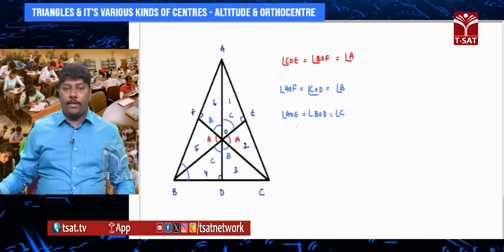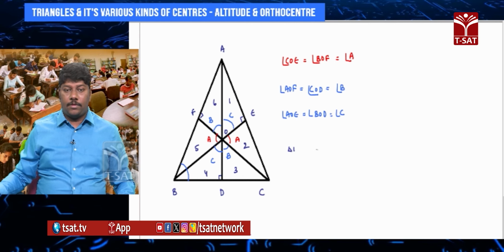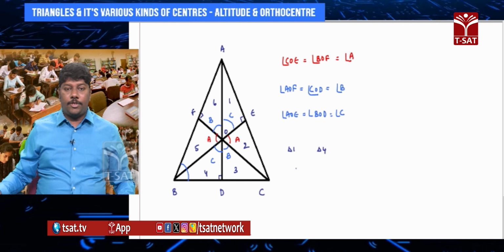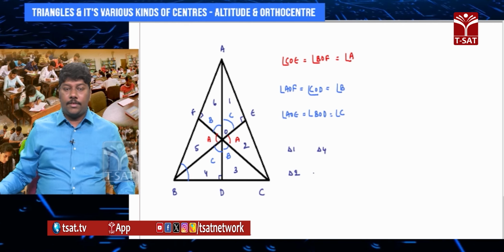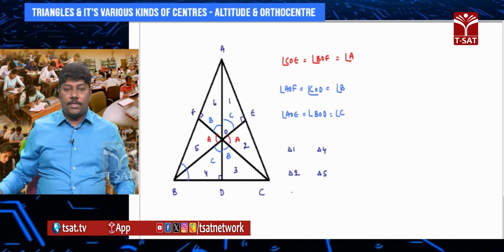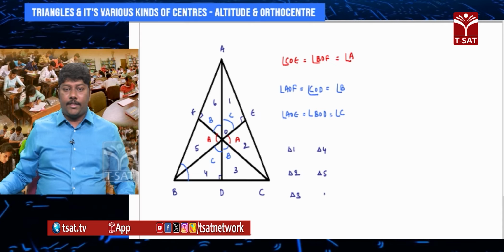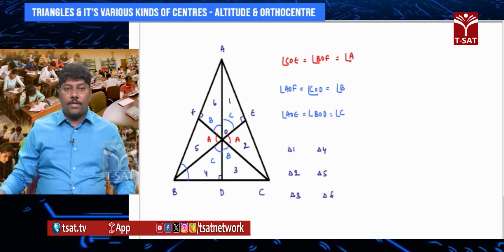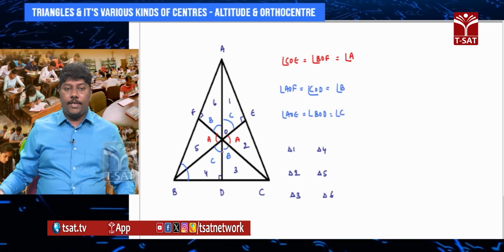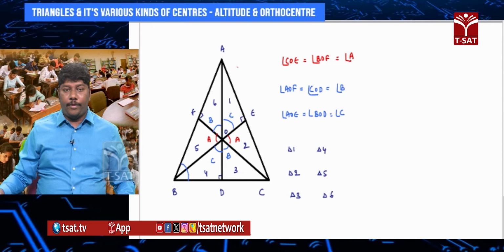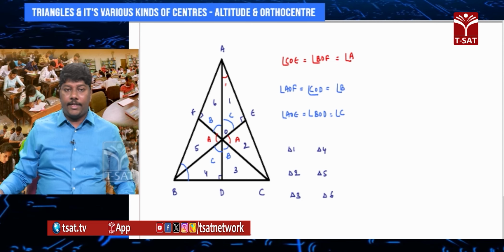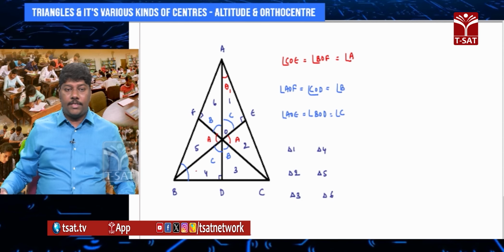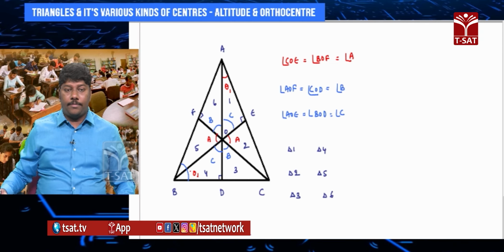Also observe triangle 2 and its opposite triangle 5, triangle 3 and opposite triangle 6. Observe these 2 pairs of triangles. You will understand angle C is angle C, 90 degrees is common in both, therefore this angle, if I take it as theta 1, this angle is also theta 1 here.